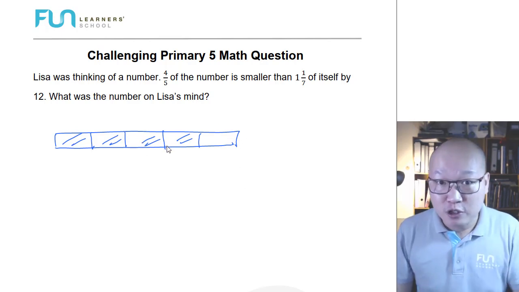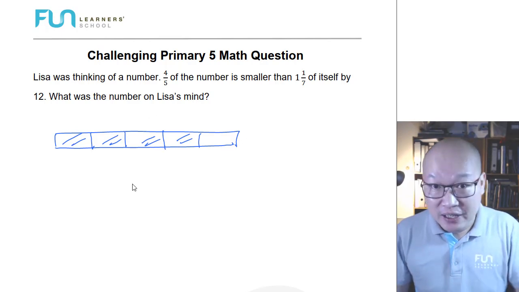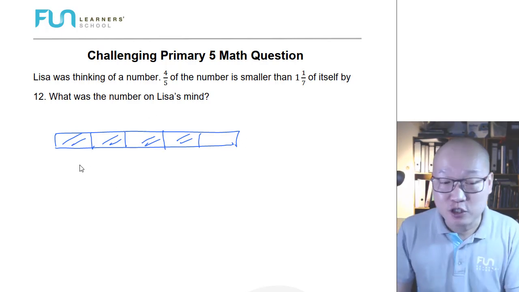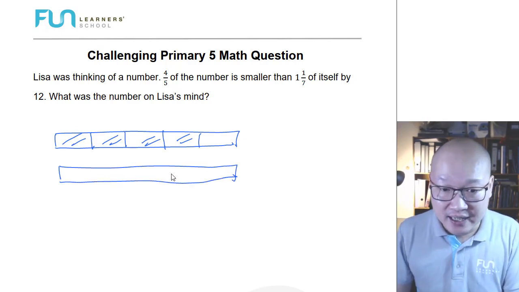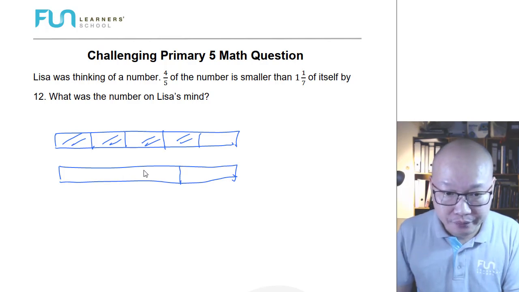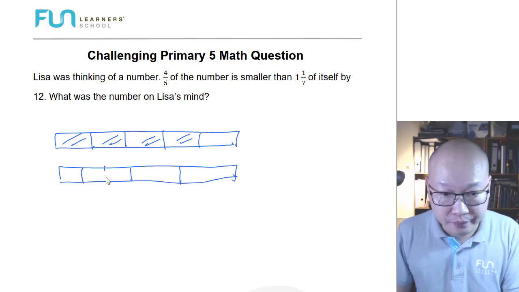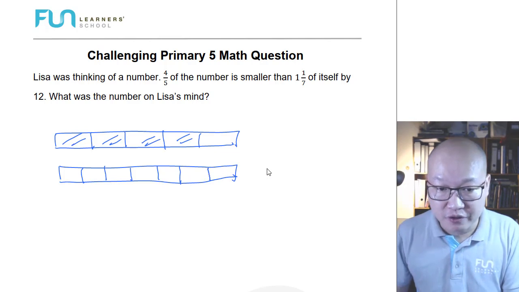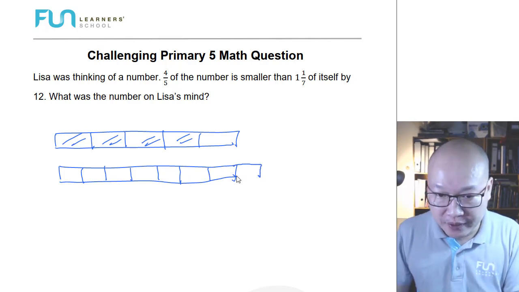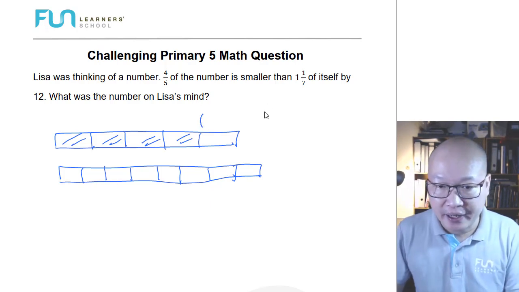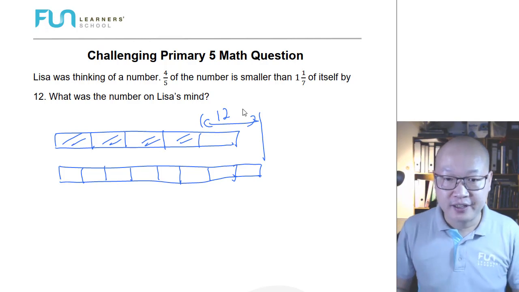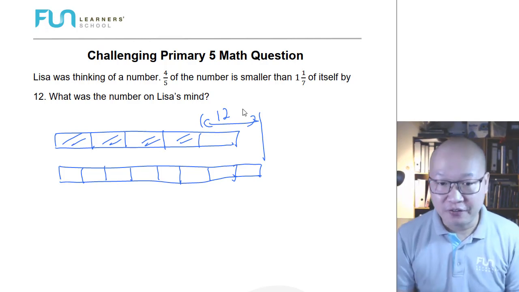So some students may figure out that this might be easier if they sketch another one whole at the bottom and then sketch in the 7 parts, roughly all equal size, and then they sketch one more as well. So it's supposed to be the case where we have 12 here.